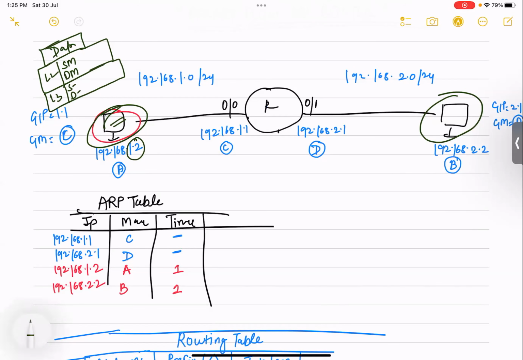PC1 says source MAC is A, source IP is 192.168.1.2, but I want to communicate with 192.168.2.2. Different user, different network.